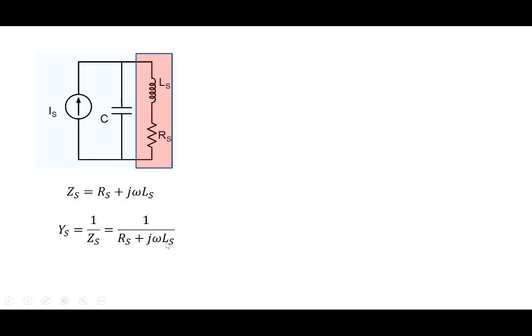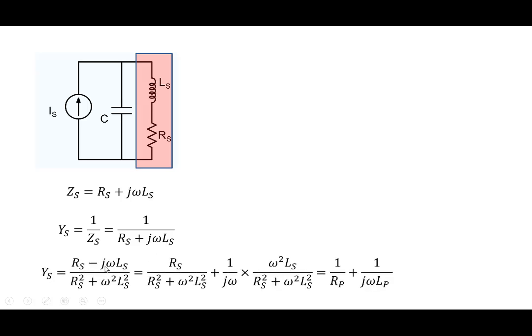So that's equal to 1 over Rs plus j omega Ls. And we can simplify it, and we can have a real part and an imaginary part. The real part, we can write as 1 over Rp. And the imaginary part, we can write as 1 over j omega Lp here. So what we are saying is the following.